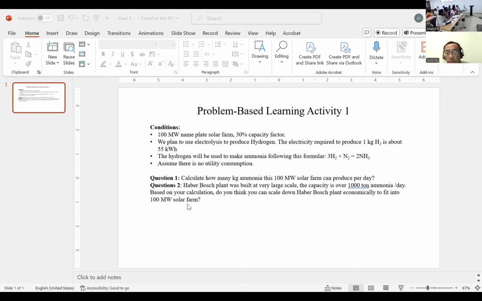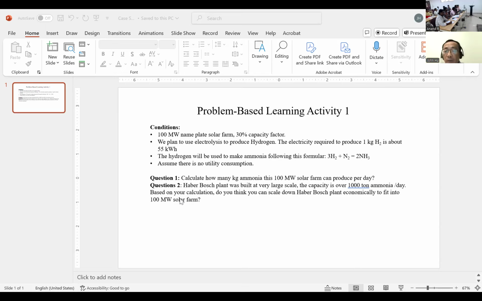Now you can see the challenge of renewable power. You barely produce 70 ton per day of ammonia, whereas the smaller Haber-Bosch plant is 1,000 tons. So if you borrow the 100-year-old technology and try to scale down, it costs you more money.